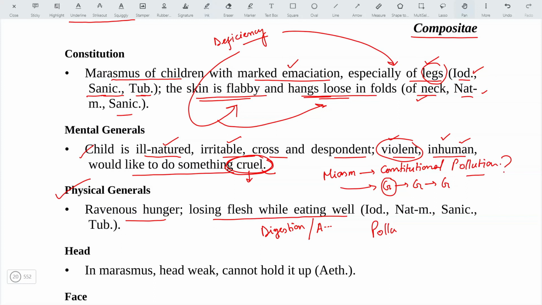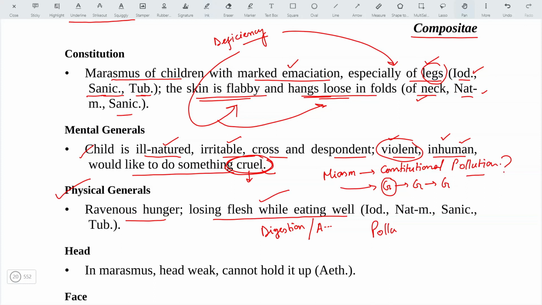Due to the lack of our scientific advancement, we are unable to understand this. But the manifestation is quite clear. The patient is getting enough food but losing flesh, losing weight, and that is Abrotanum.